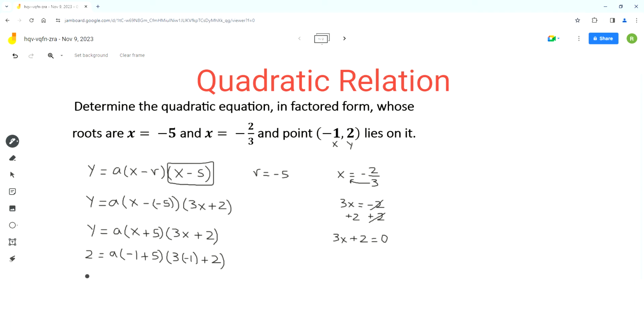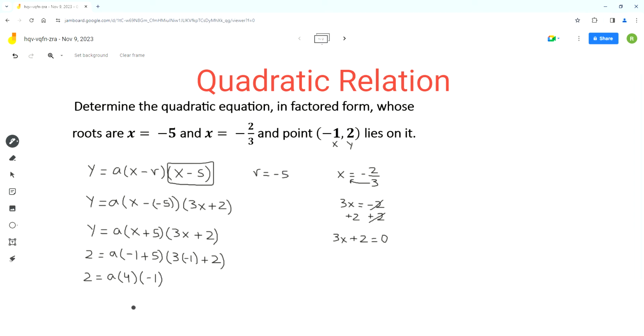And now we have to simplify the expression on the right side. In the first parentheses we have -1 plus 5, which is equal to 4. And in the second one, 3 times -1 is -3, and -3 plus 2 is equal to -1.